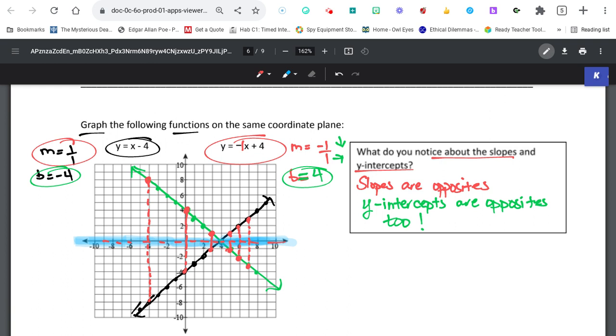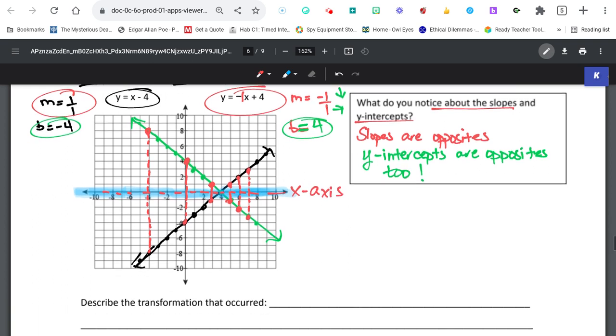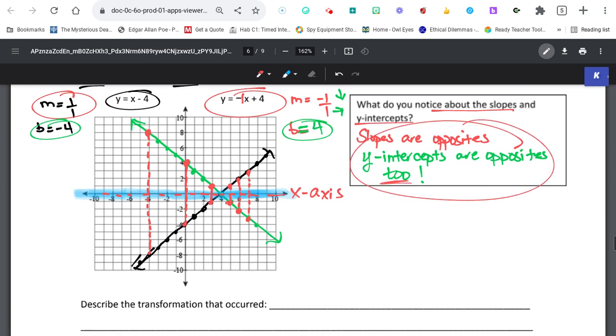So if both the slope and the y-intercept change, it's still a flip or a reflection, but it's not across the y-axis. It's across the x-axis, guys. That's why I put 2, because both of them have to change to the opposites.